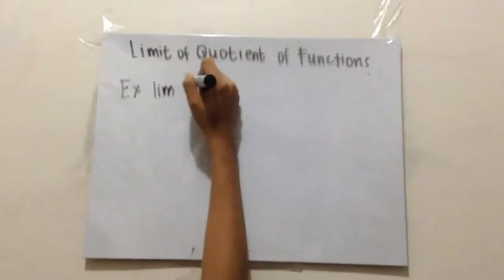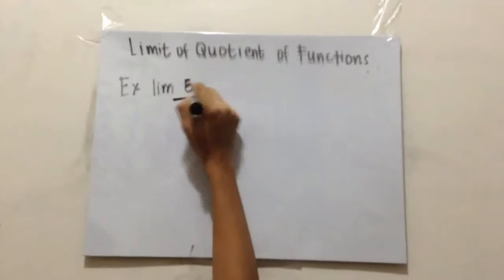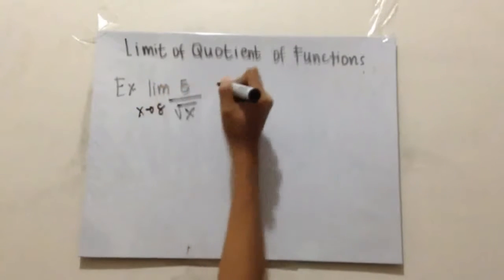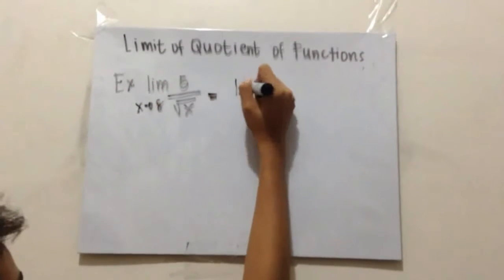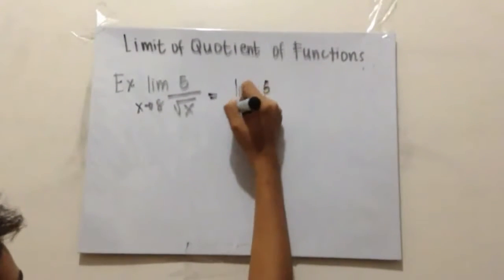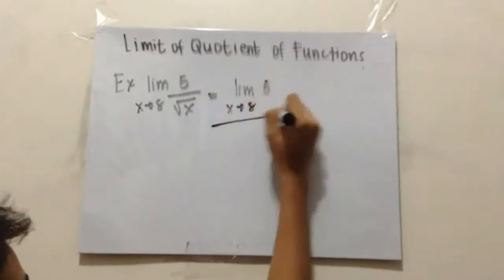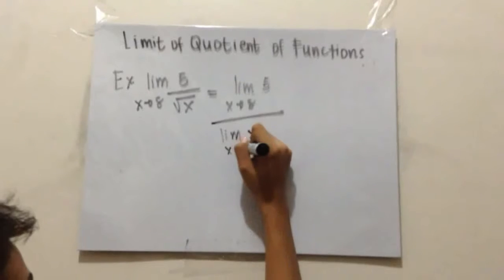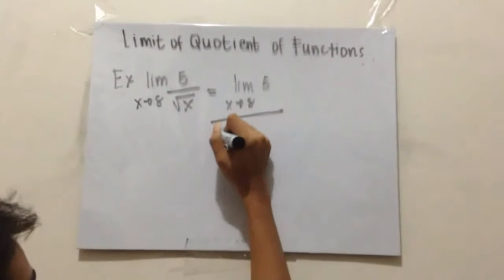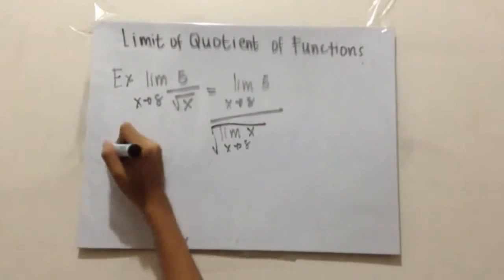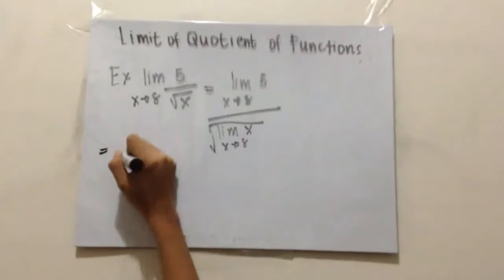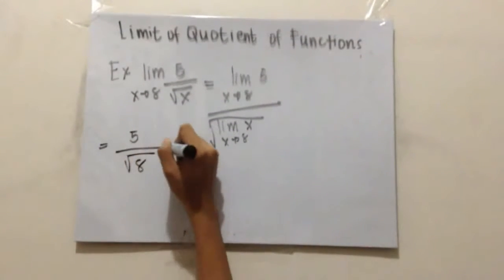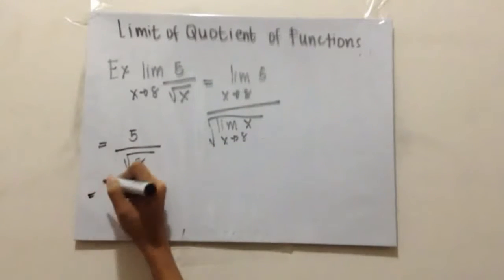For our final example in the limit of a quotient of functions, we have the limit of 5 over square root of x as x approaches 8, equal to the limit of 5 as x approaches 8 over the limit of square root of x as x approaches 8. Bring down by applying the rule of constant function and function x, we will get 5 over square root of 8.